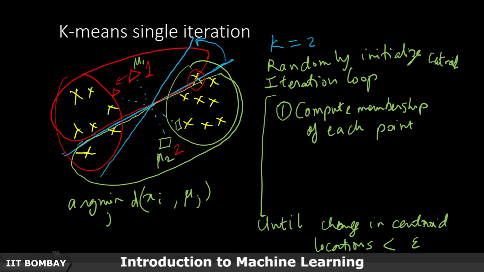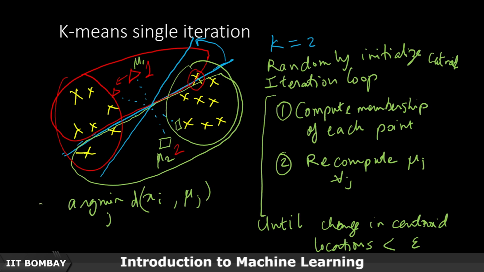Then we will do one more thing: we will recompute mu j for all j. We will find the cluster centers again, based on the centroid computation.